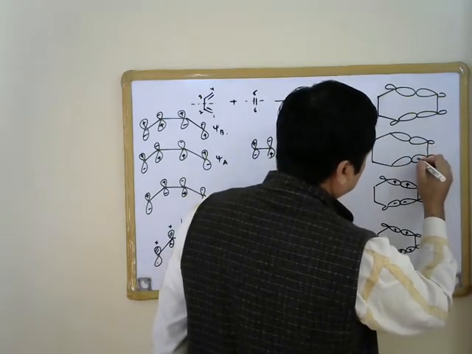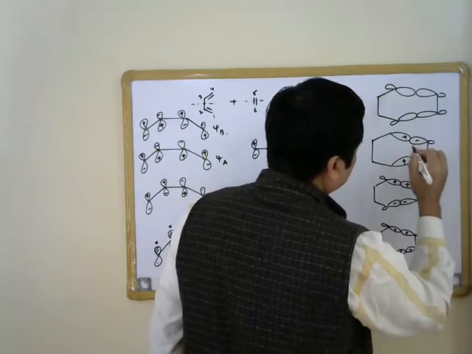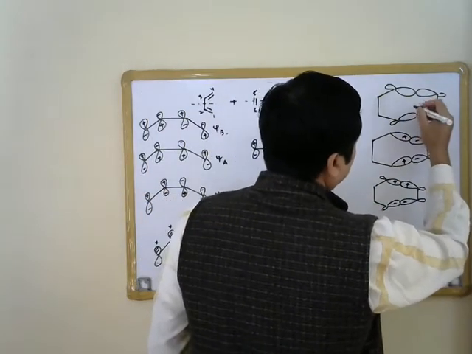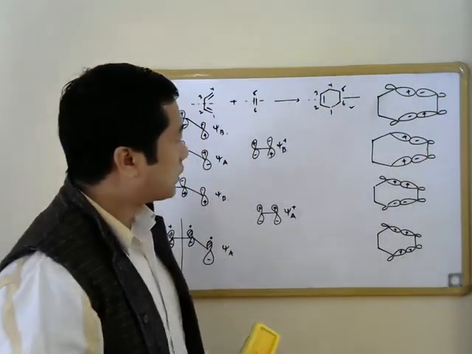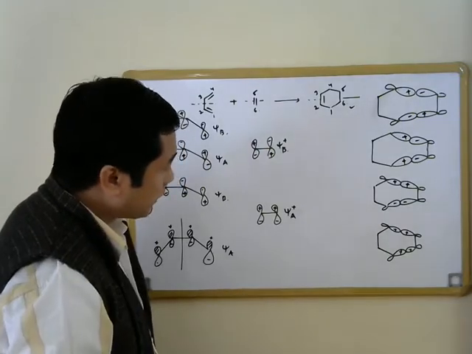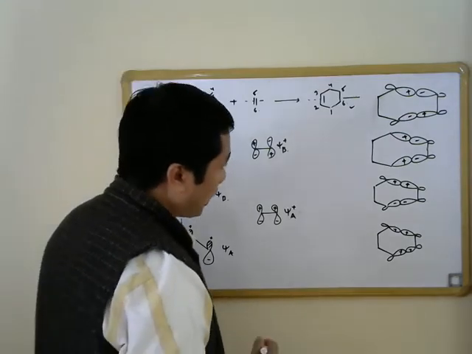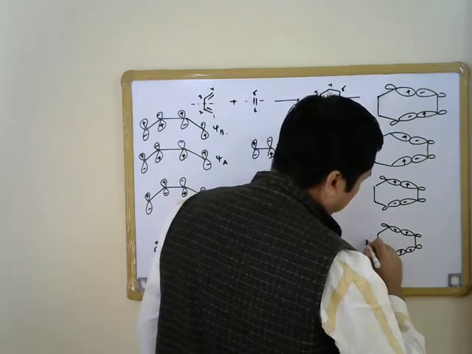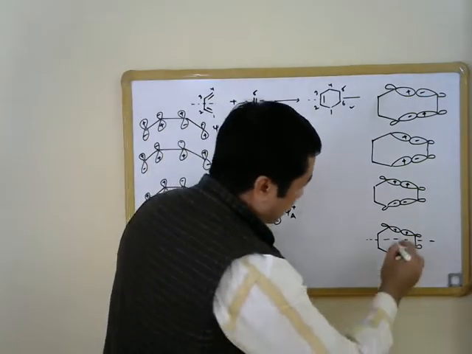Then we have anti-bonding sigma orbitals, and then we have completely anti-bonding, that is in this way. So that is another molecular orbital. Let us now again find out the symmetry of these sigma molecular orbitals of the product. With respect to the plane of symmetry, which bisects the product in this way over here, we will find out the symmetry.